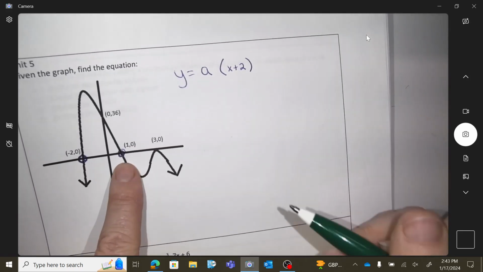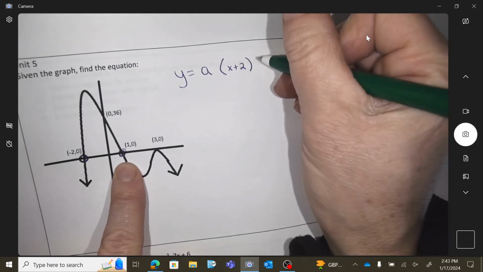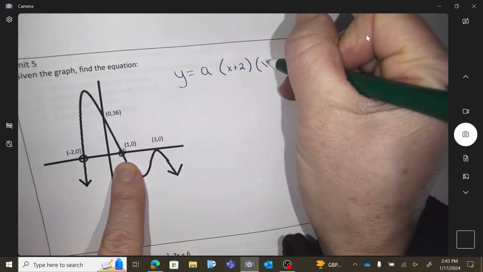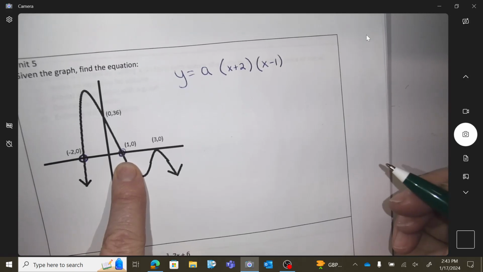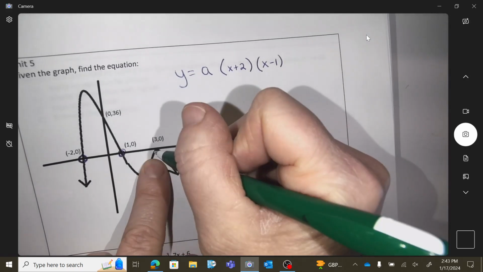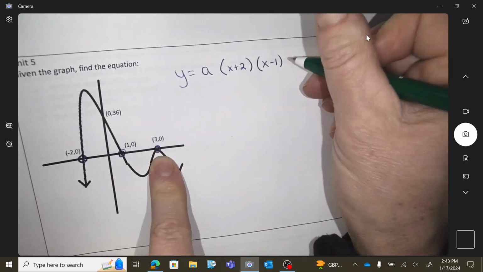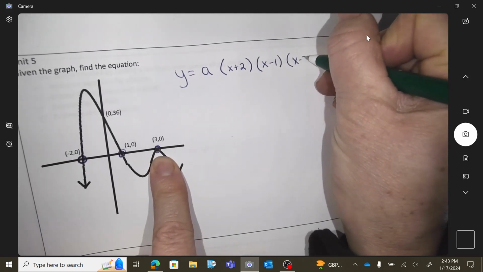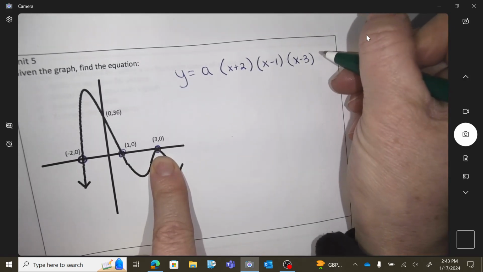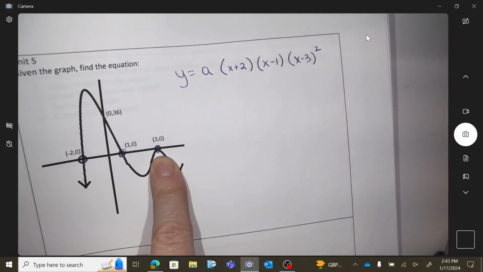Then there's an x-intercept at 1, so I'm going to write the factor x minus 1. Then there's an x-intercept at 3, so I'm going to write x minus 3, bouncing.